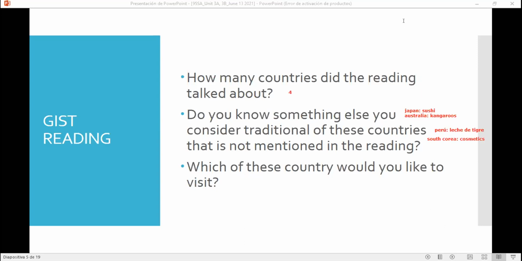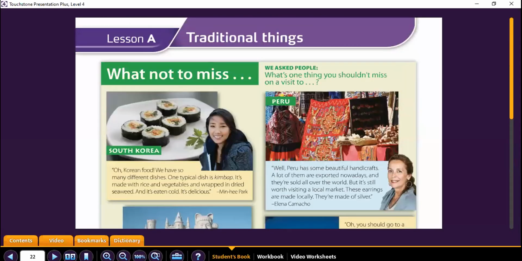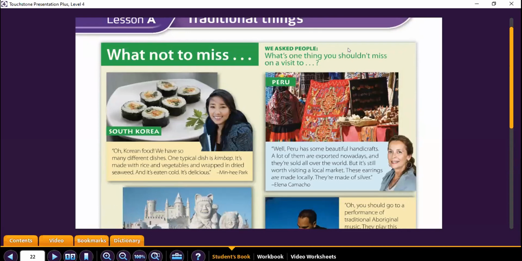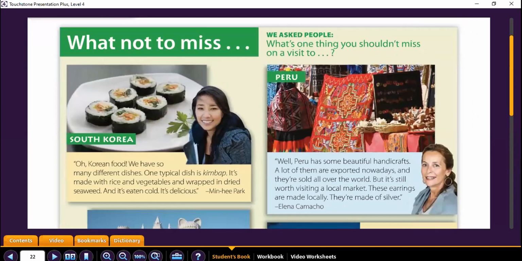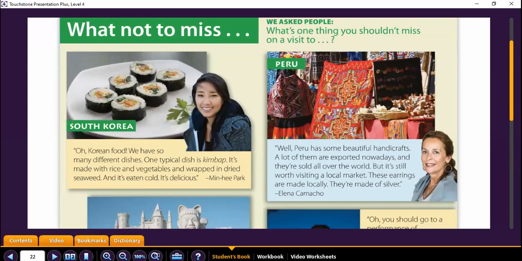Now let's listen to you reading, okay? So I'm gonna be back at the book and I want to hear some of you reading these small pieces of information about each country, okay? So let's start with South Korea and Peru. So don't forget, guys, that with countries or maybe cities, even though they are written the same way as in Spanish, the pronunciation is going to change.